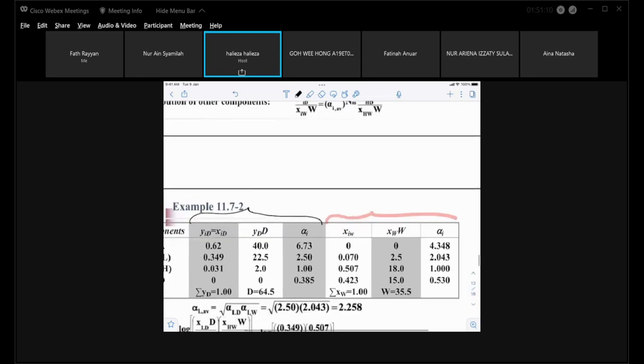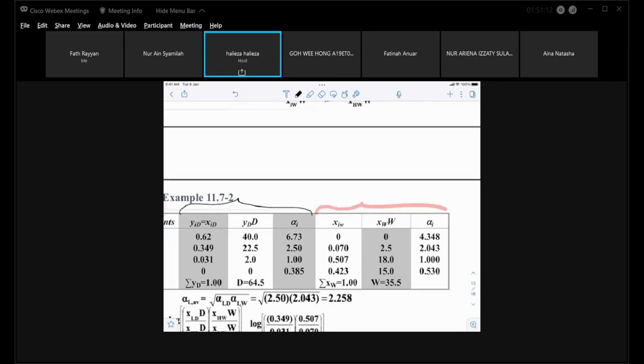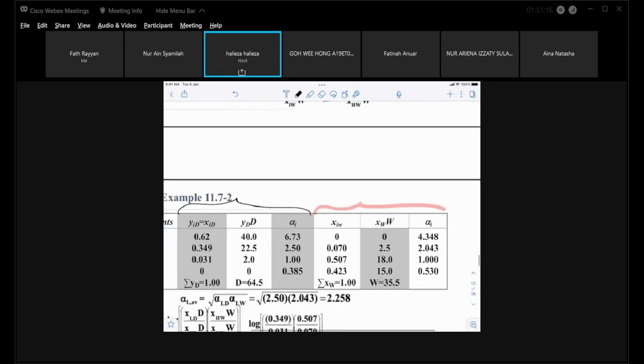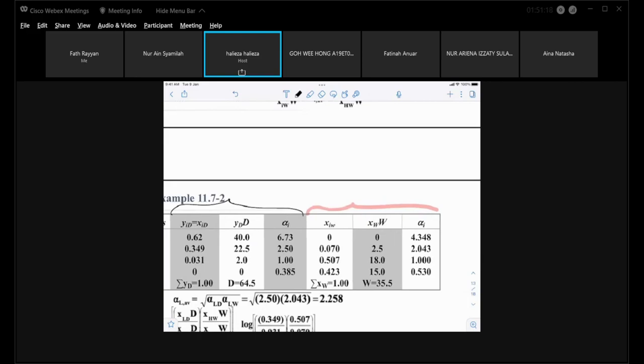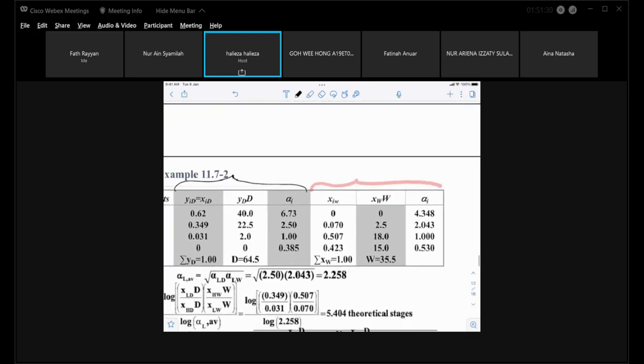That is for your distillate, which we got earlier when we were doing the boiling point and the dew point. When we assume at that temperature, what is the dew point, what is the boiling point. When we finally get the final answer for the boiling point and the dew point, these are the values that you got, at the actual dew point and boiling point.